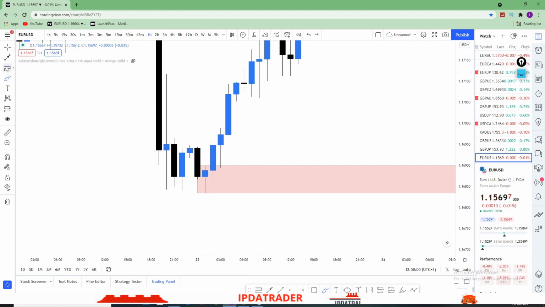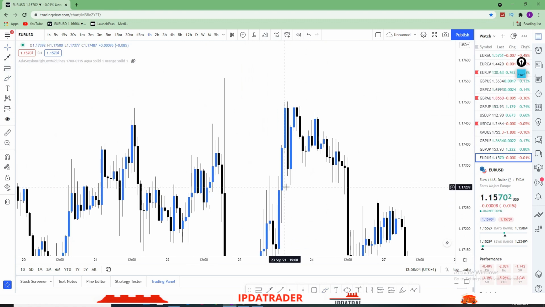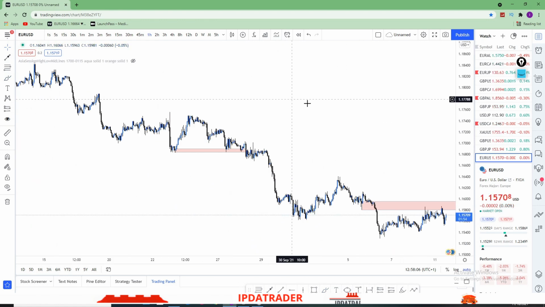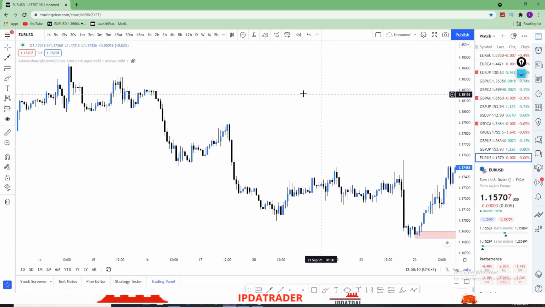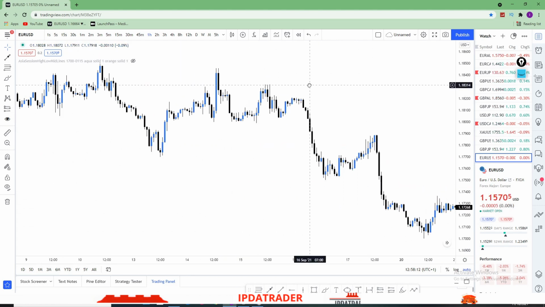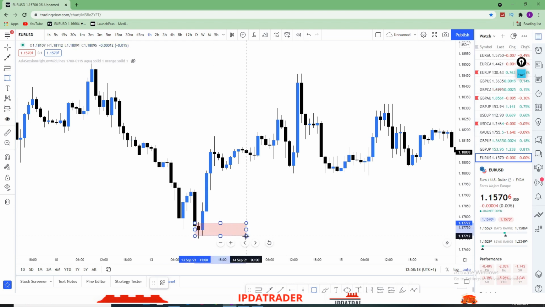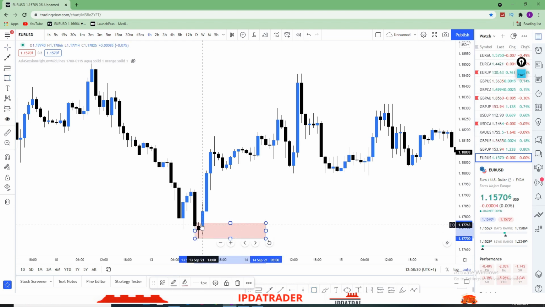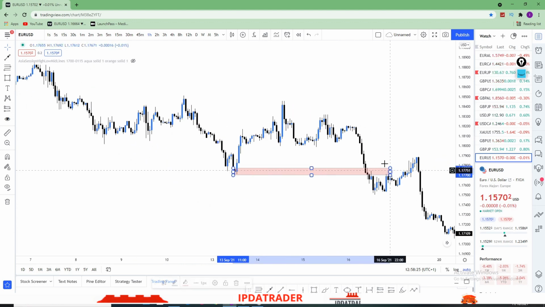So let's look for more examples because one may not be enough. Let me zoom in because they're kind of hard to see. I'm not trying to look for the ones that work, I'm just giving you the examples. This right here is a bullish order block, but it's also an IFC structure at the same time, institutional funded candle.